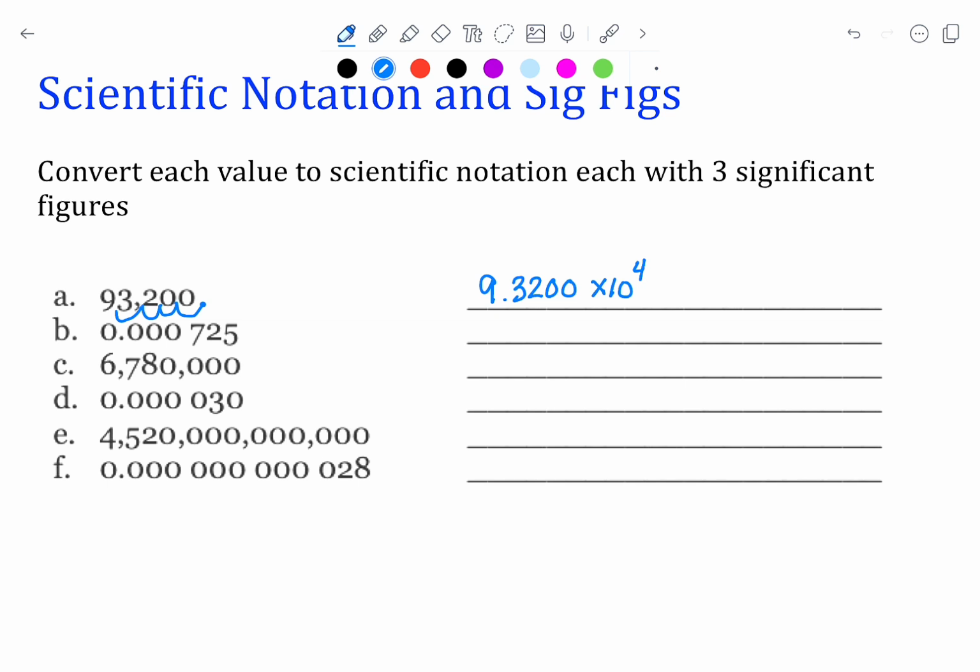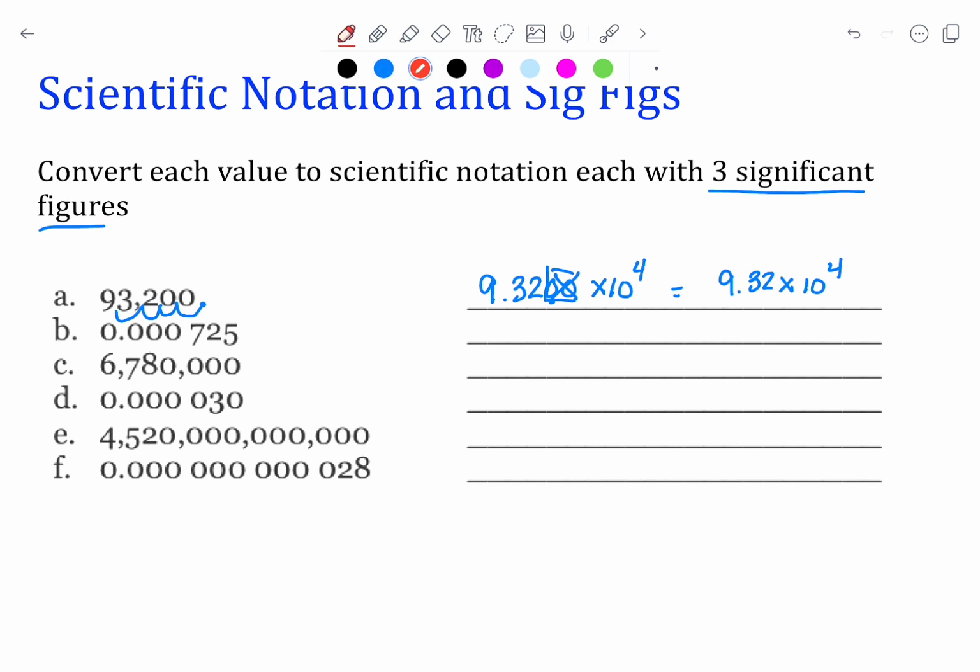So I moved it so my decimal place was making a number between 1 and 10. That number of times I moved my decimal was 4. Now I want this to have 3 significant figures, so these zeros at the end are going to go away because I'm just essentially going to be rounding. So this would be 9.32 times 10 to the 4.